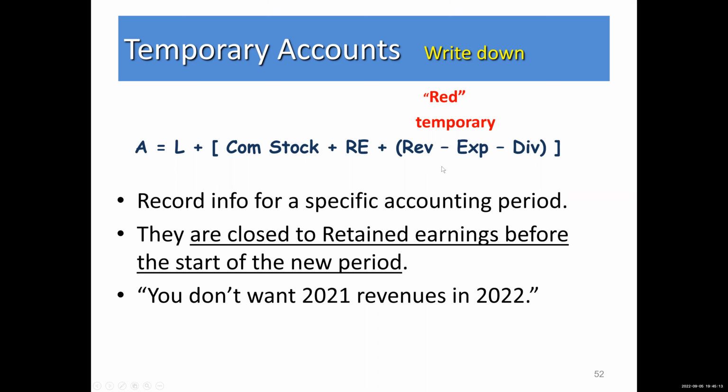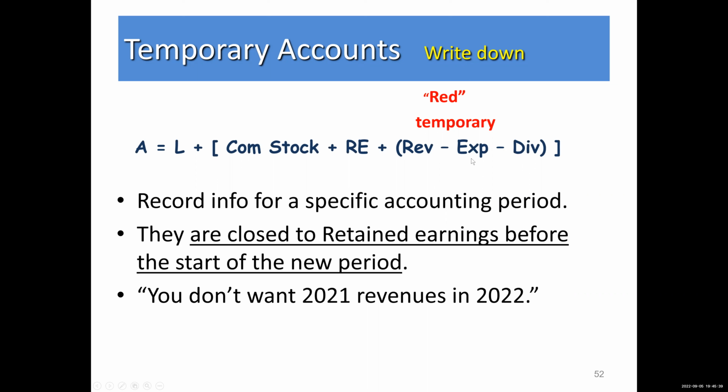But when we're done with them, we want to close them out to retained earnings. So let's say that we've finished our financial statements for the year ended December 31, 2021. Well, we don't want 2021 revenues in 2022, right? So we close them out.